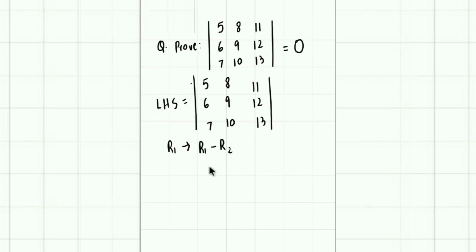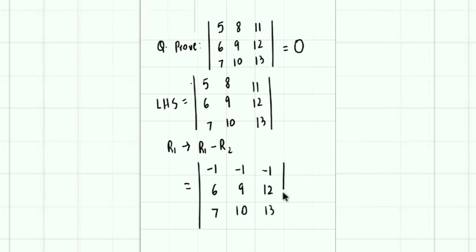So R1 minus R2 would give us, now 5 minus 6 is -1, 8 minus 9 that's -1, 11 minus 12 is also -1.